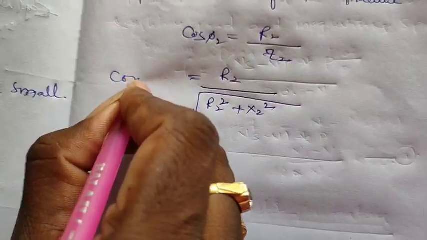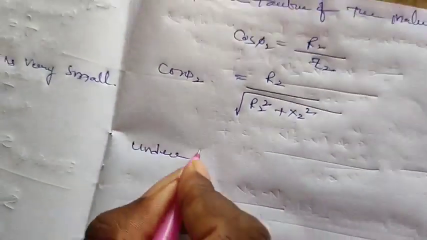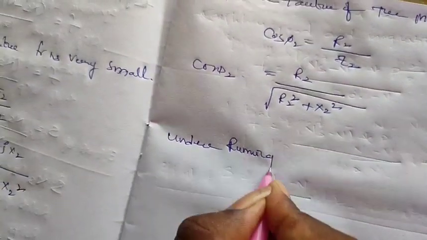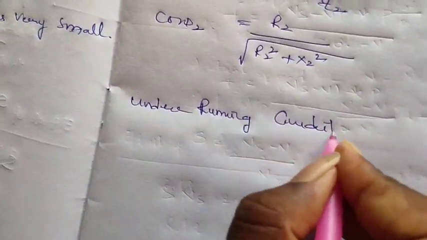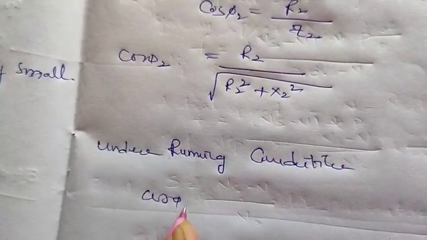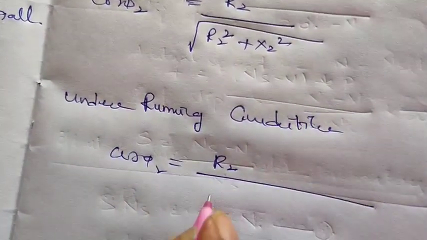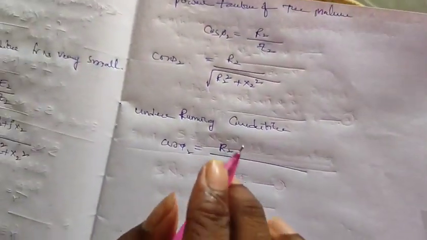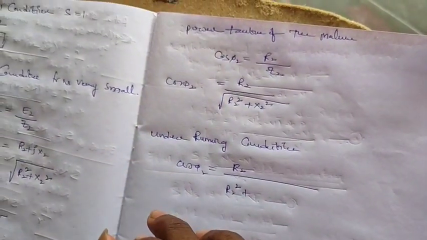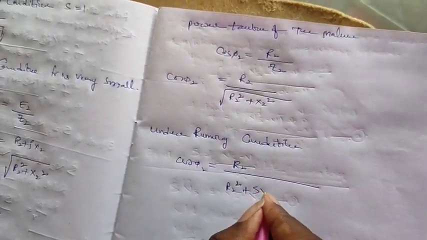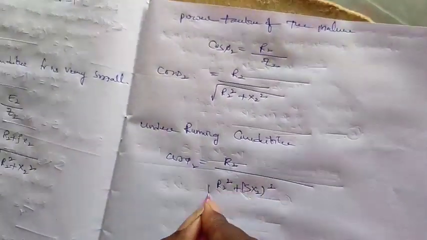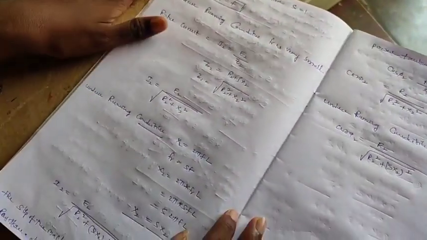This is cos phi 2 at standstill condition. Under running condition, cos phi 2 equal to R2 divided by square root of R2 square plus (sX2) whole square, where the reactance is slip times X2. So these are the parameters affecting the rotor.